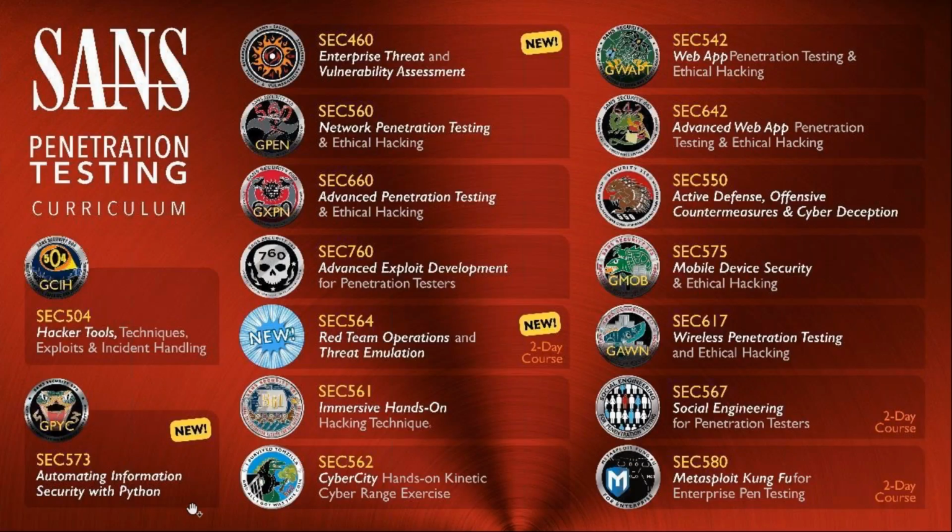Where does this course fit into the overall curriculum? So first off, it is part of the Pentest curriculum, a little bit to gain that sexy Pentest veneer or approach.